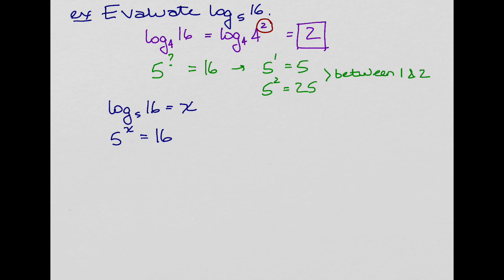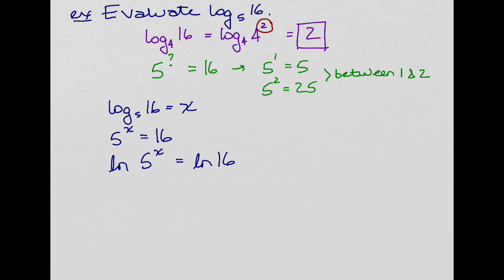So what can I do with an equation? Well, I can do the same thing on both sides of an equation. So what I'm going to do on both sides of this equation is take a natural log. Natural log of 5 to the x is natural log 16. I can do that because anytime I do the same thing on both sides of an equation, it maintains the equality.